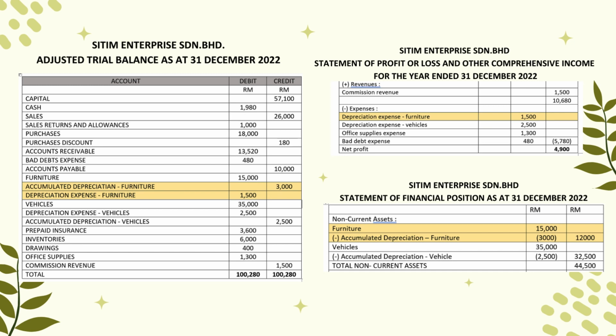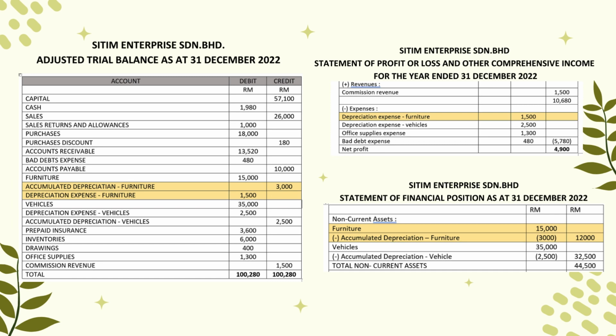Okay, so as we can see in the adjusted trial balance as at 31st December 2022, the accumulated depreciation for furniture we record as 3,000, and the depreciation expense of furniture is 1,500.